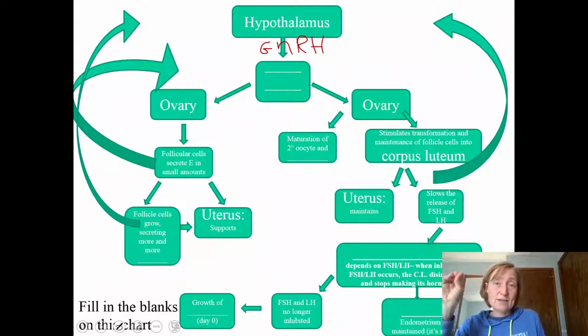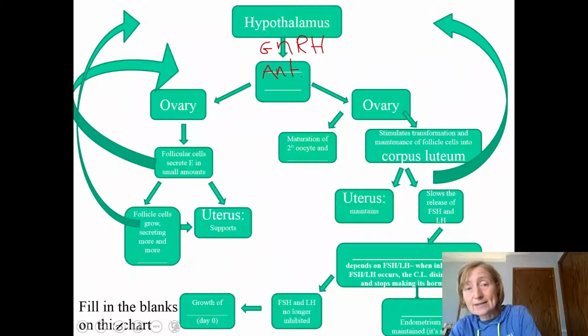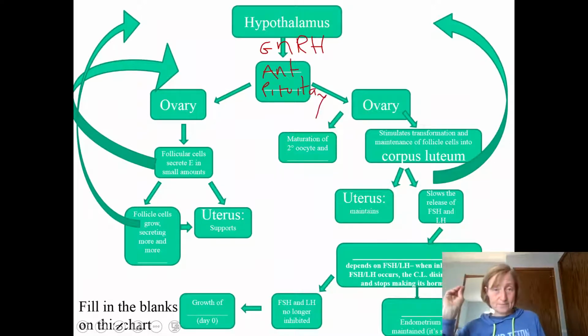And that gonadotropin releasing hormone targets the anterior pituitary. You can write down the anterior pituitary right here in this green box. The anterior pituitary is that gland that dangles from the hypothalamus, and it produces a lot of its own hormones.